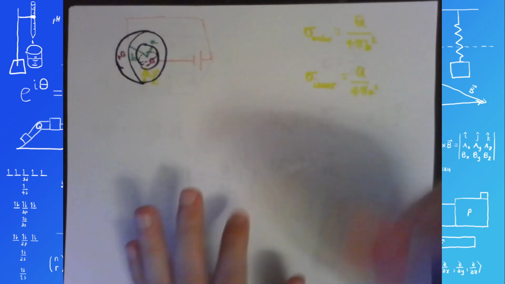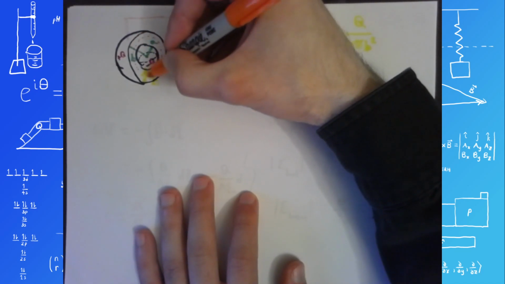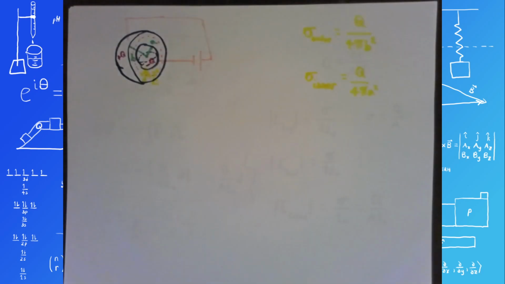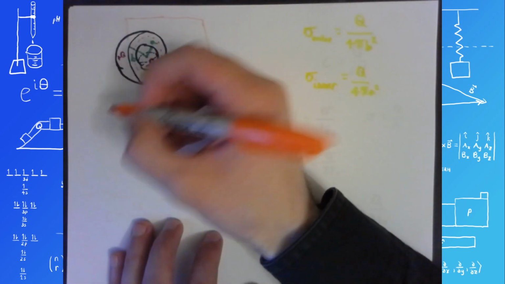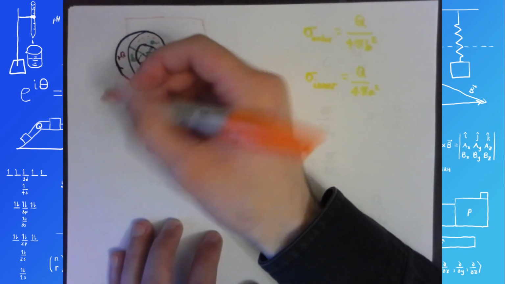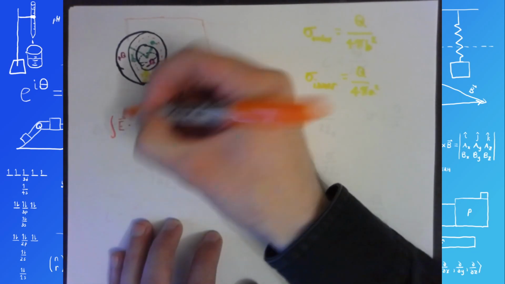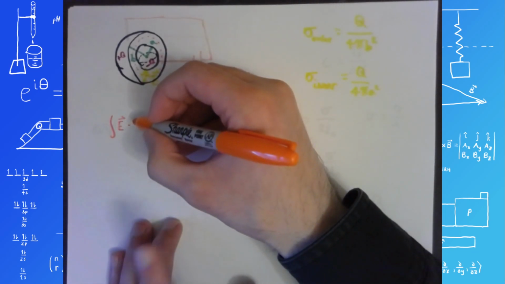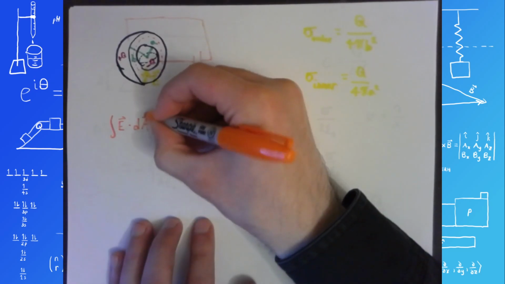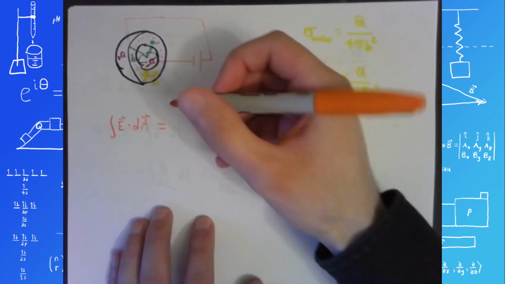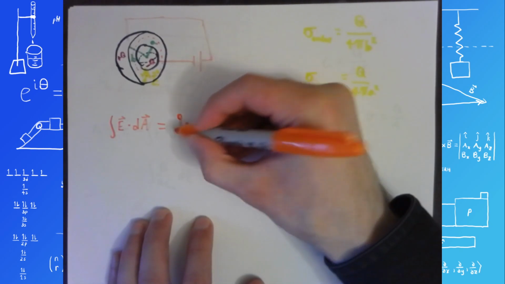I want a Gaussian surface, a Gaussian sphere in this case, of radius between A and B. So the total flux, integral of E dot dA, equals charge enclosed over epsilon naught.